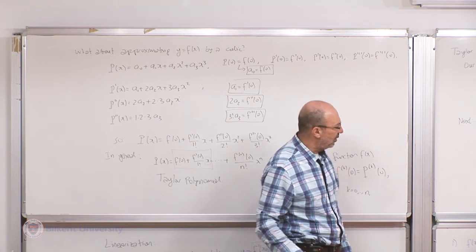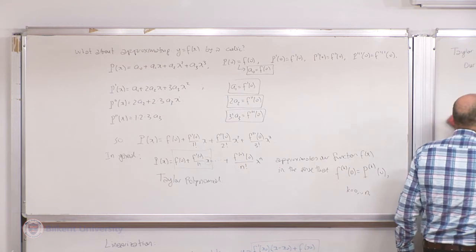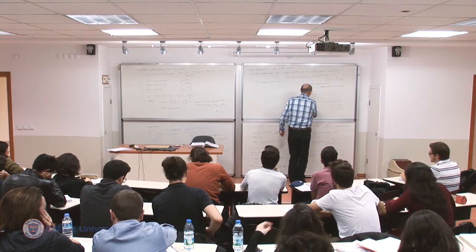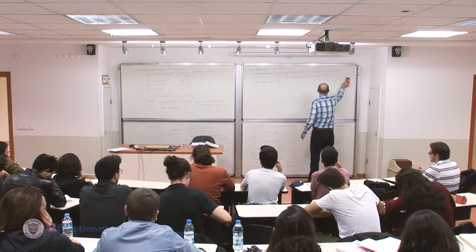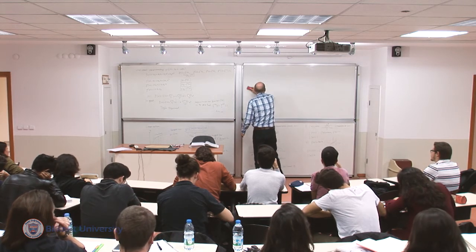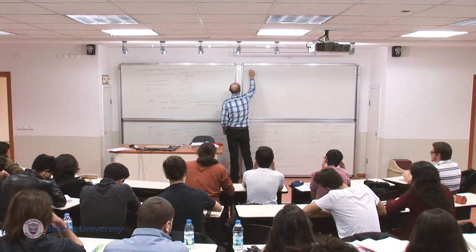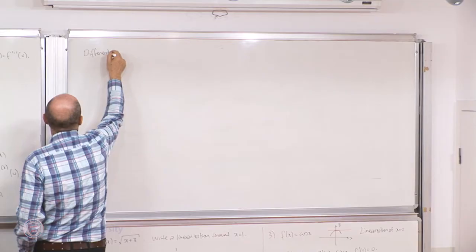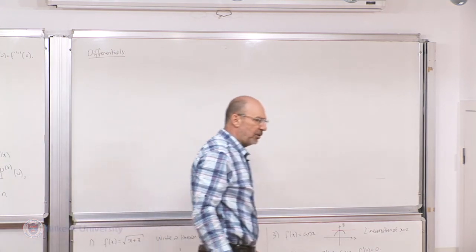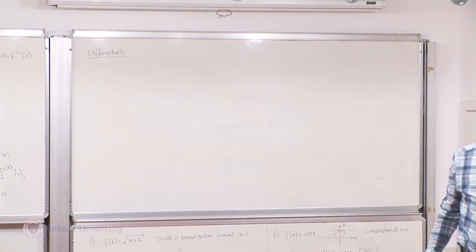Let me talk about differentials a little bit. Talking about differentials in calculus is a little bit artificial, but you can still work things out. So I'll just mention a few things. Differentials are actually something that show up in geometry.